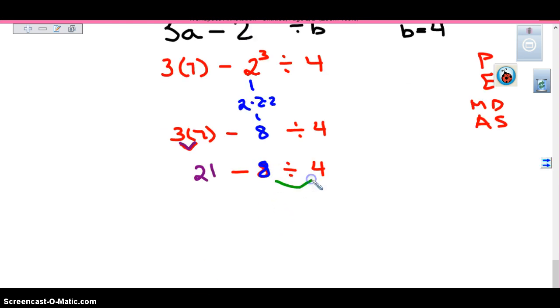Division. 8 divided by 4 means 21 minus 2. Now we finish with addition or subtraction. That's 21 minus 2. Did we follow our order of operations?